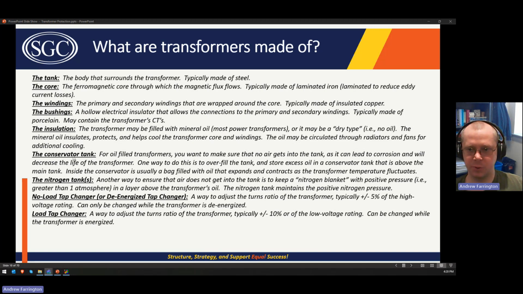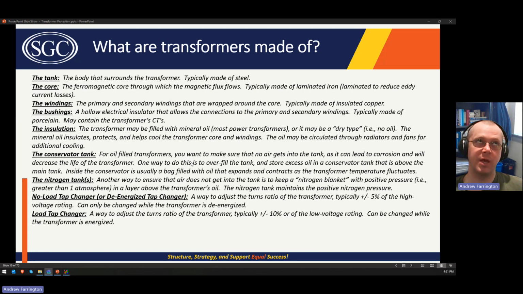for power transformers. The conservator tank: for a lot of oil-filled transformers, you want to keep the transformer tank completely filled with oil. So you don't want any air or other contaminants getting in there.